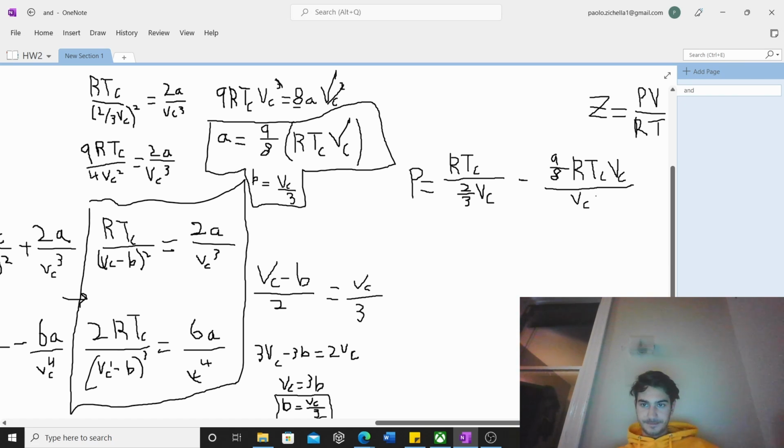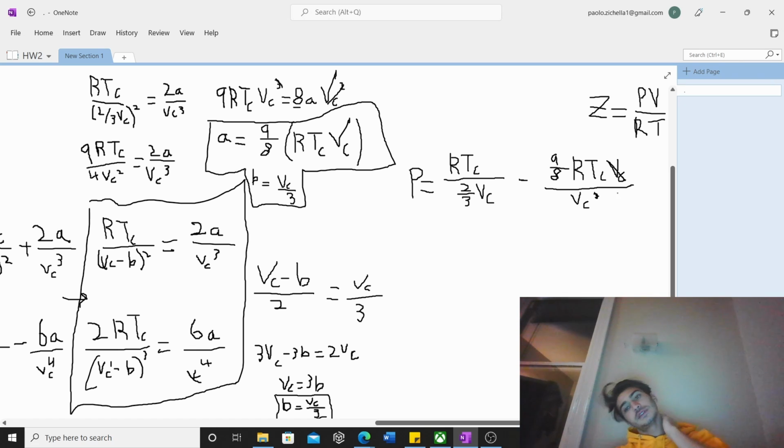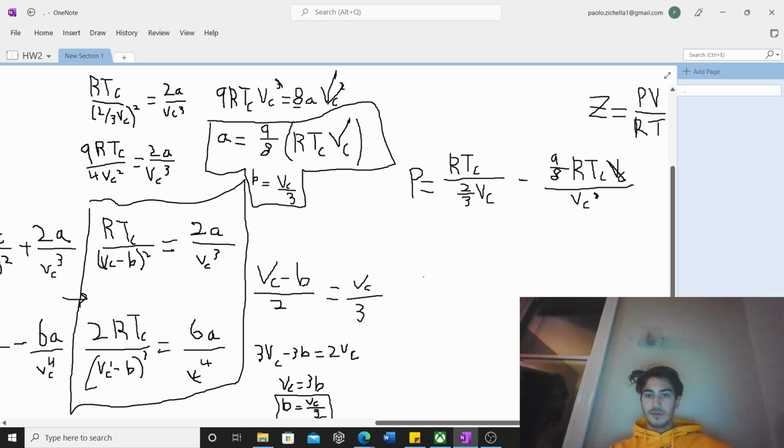But with specific volume in the numerator, this now just becomes VC, and the numerator becomes R times TC, right? And we can factor RTC over VC out, right? And know that they have specific numbers, right?